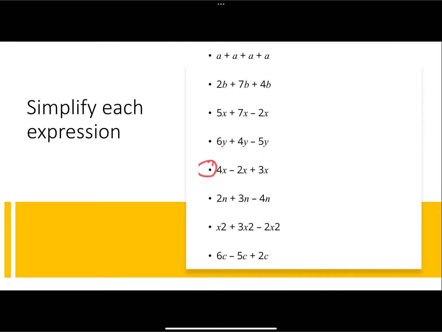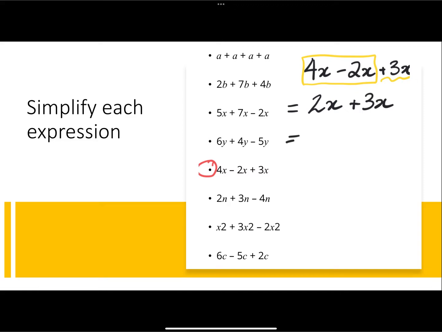Our next one, 4x, take 2x, plus 3x. Using my order of operations, I'm going to do this part first, and then this part. Put my equal sign down. If I have 4x's and I take away 2x's, I have 2x's, and then I add my 3. 2x's plus 3x's is 5x's.